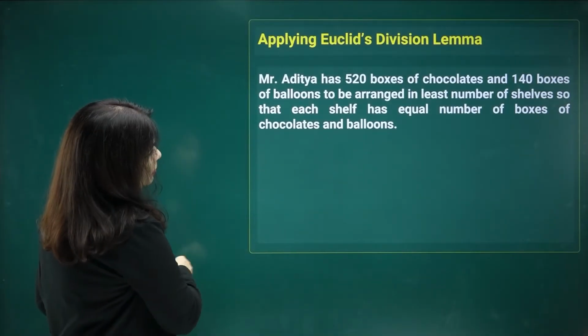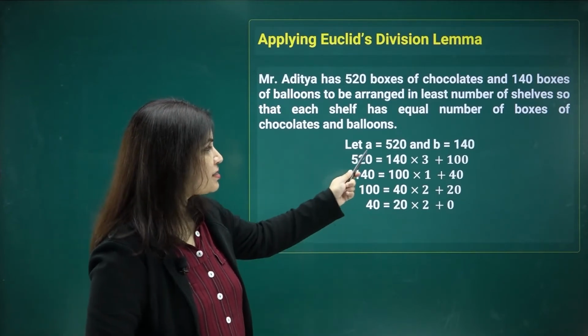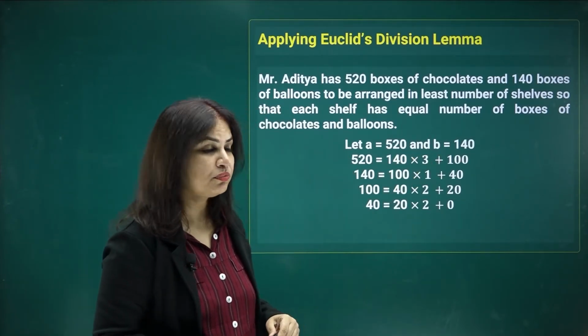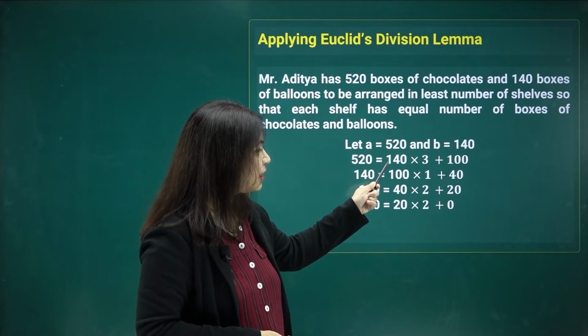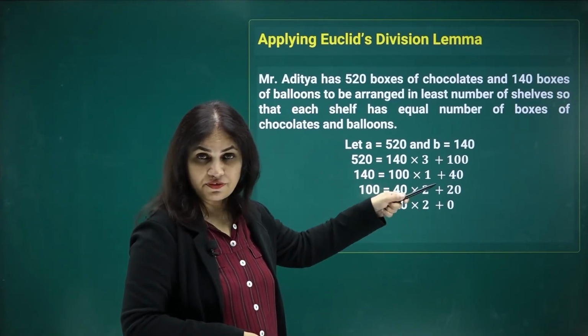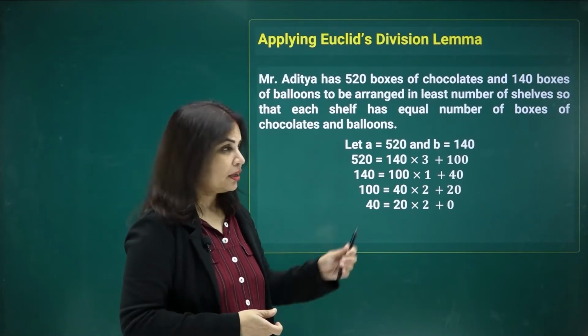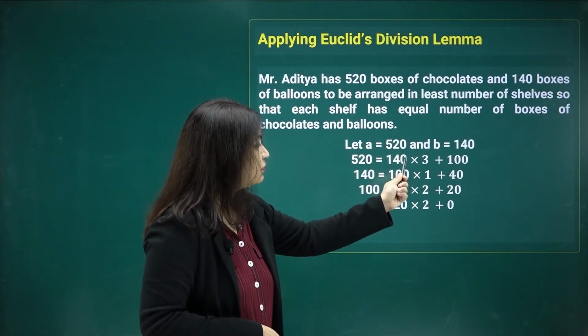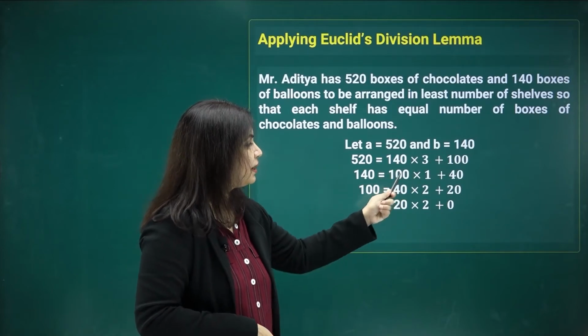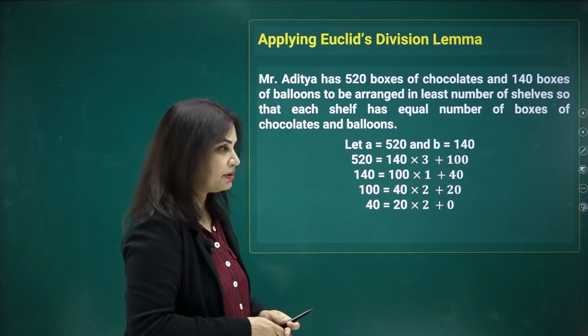So, let A be equal to 520 and B equal to 140. 520 can be split up into factors as 140 into 3. The leftover is 100. Now, this 140 is again divided by 100 to give me 40 as the remainder.